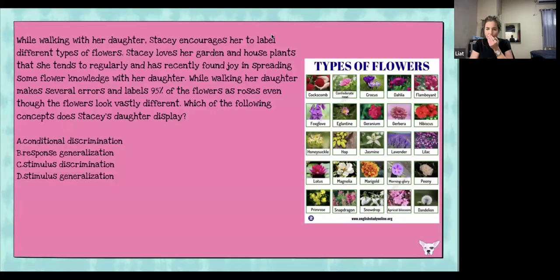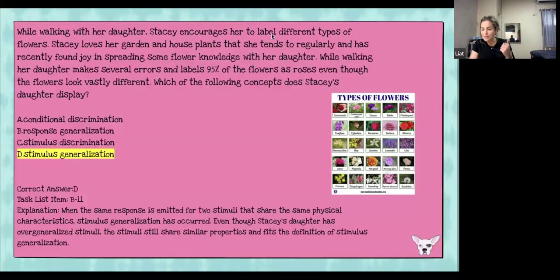All right, I see some answers coming in. It's hard because it's not a perfect one. All right, the answer here is stimulus generalization, okay?